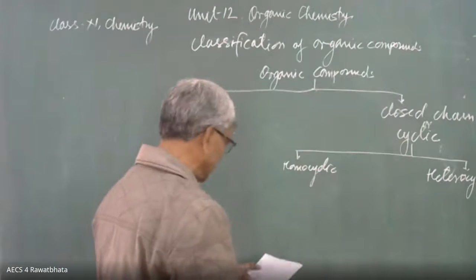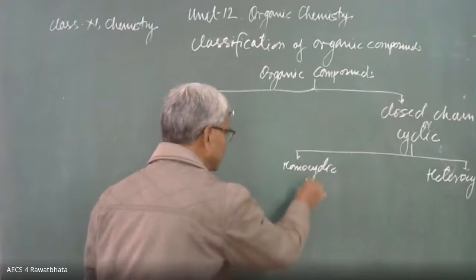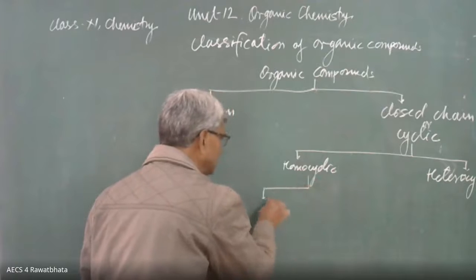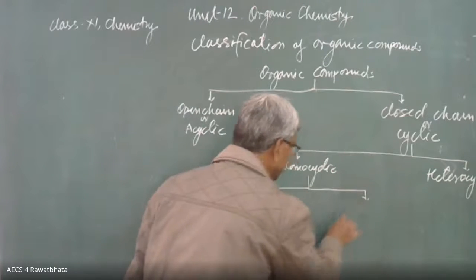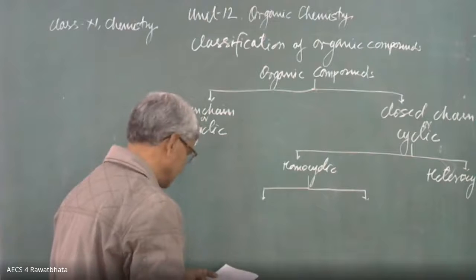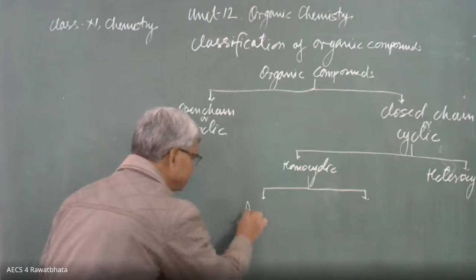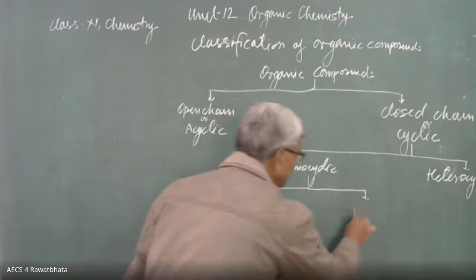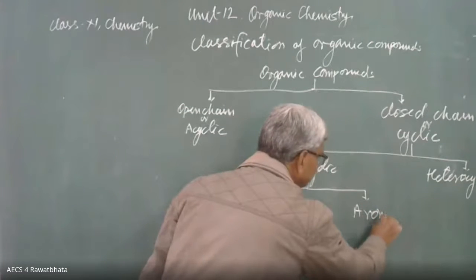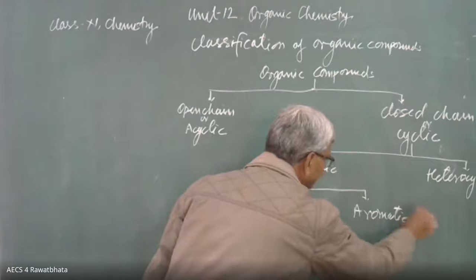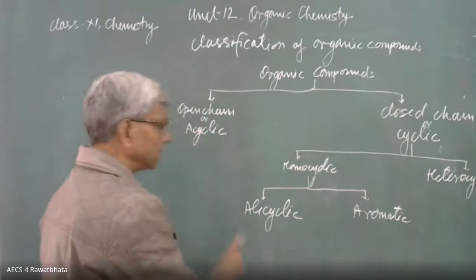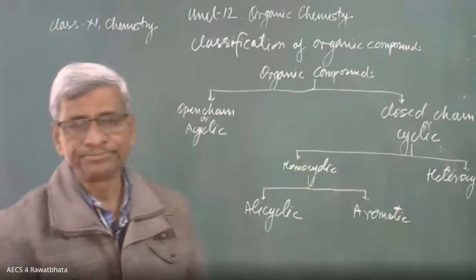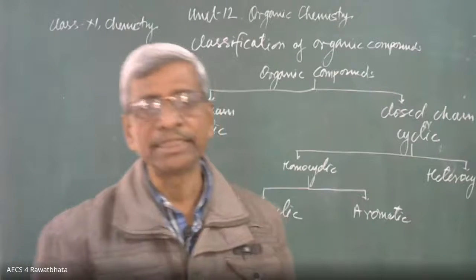Then homocyclic is further classified into alicyclic and aromatic. Alicyclic carbon cycle is there, but there is no benzene ring.